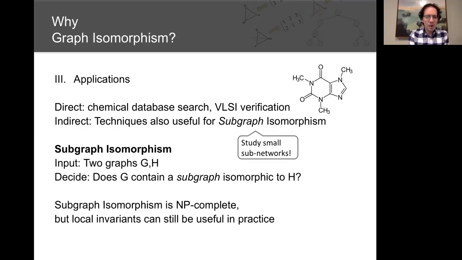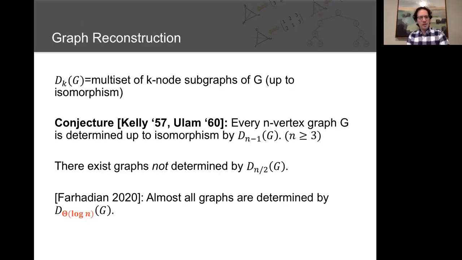Okay, so now I want to tell you a little bit about the theory of what we can learn about a graph by looking at its small subgraphs. And we'll talk a little more about algorithms, and then we'll shift gears to tensors. So there's a famous conjecture going back to the late 50s, called the graph reconstruction conjecture.